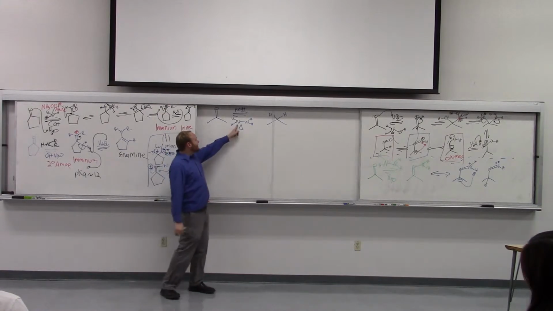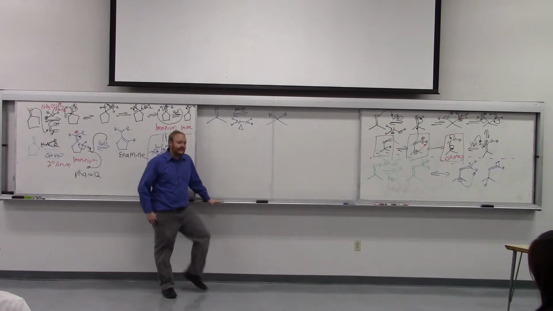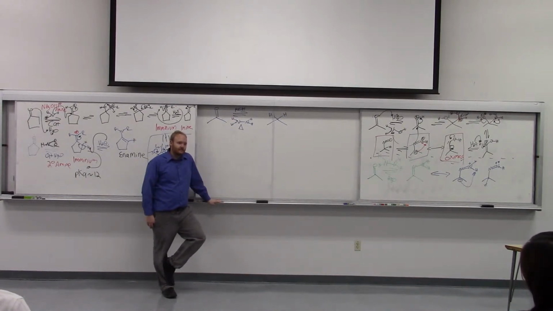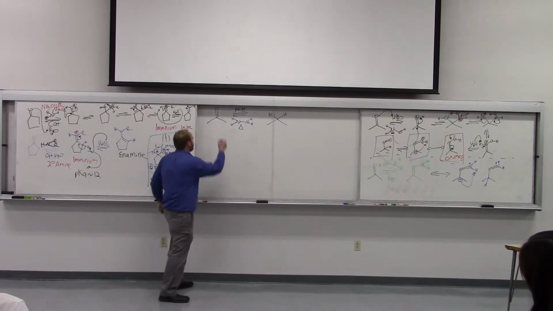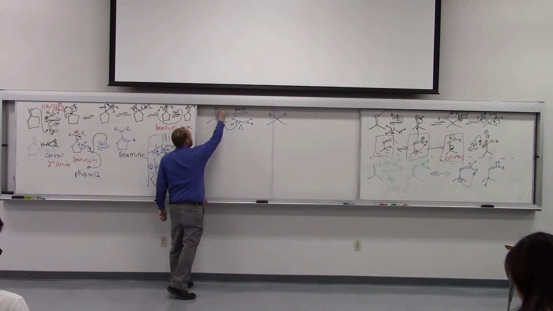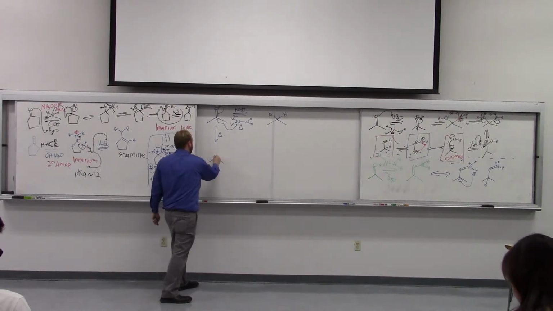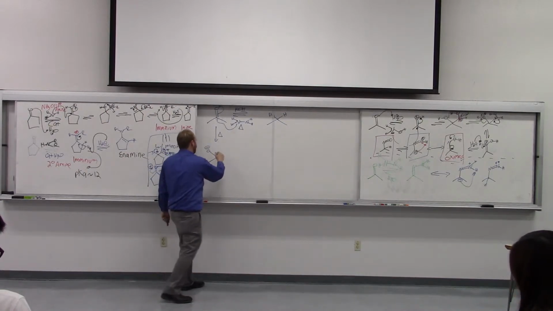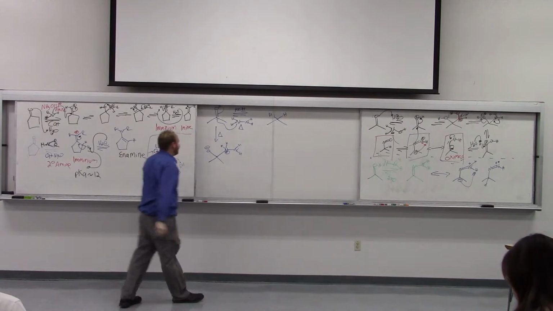So, basic conditions and heat. Are we going to need acid to add into this with heat? No, with heat, we can get away with adding into here. Okay, so we get this.